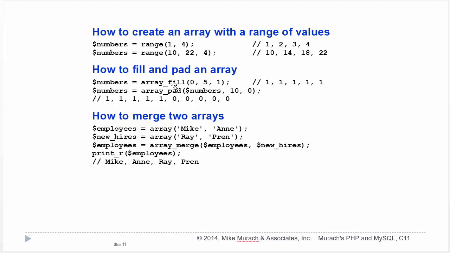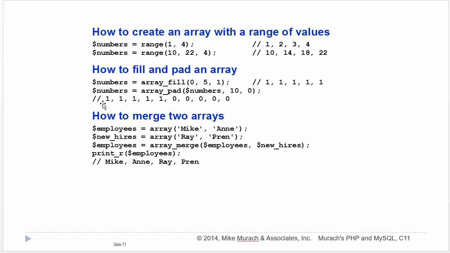So if we wanted to fill an array starting at 0, going up to 5 positions with this number, one number, here we just did that. A little different than range. It's the same value. If we had that same array stored in this variable numbers, and now we use this to pad it, here's my variable, and we're saying up to 10 padding with 0.